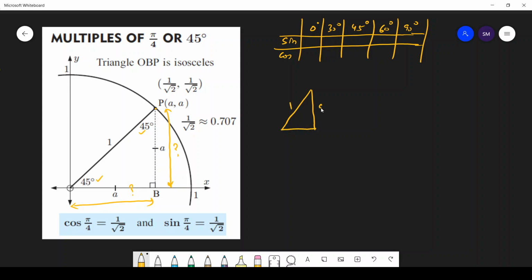This side is 1, this is A, this is A. So A square plus A square equals 1, 2A square equals 1, A square equals 1 by 2, and A equals 1 by root 2. So it means these two sides are 1 by root 2 and 1 by root 2. Now this angle is 45 degree.